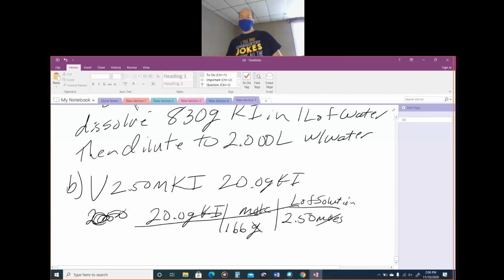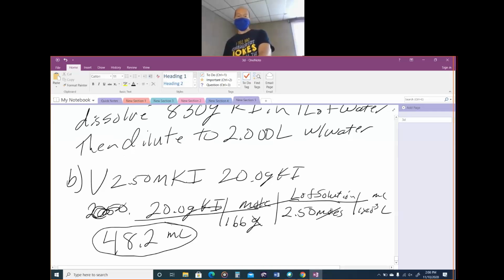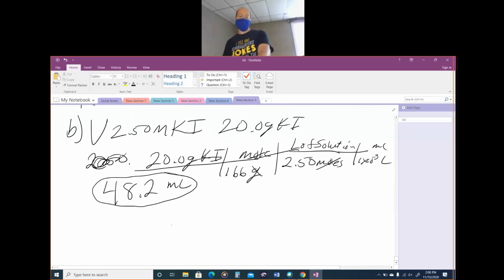So let's then convert to milliliters. And you get 48.2 milliliters. All right, so if you take 48.2 milliliters of this 2.50 molar KI, that will contain 20 grams of KI.